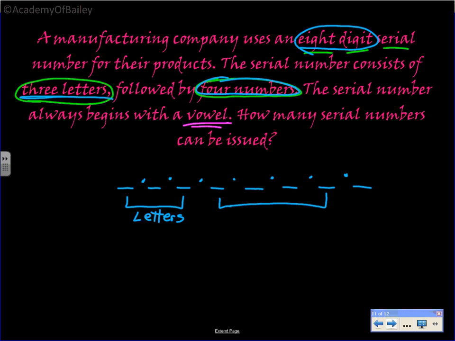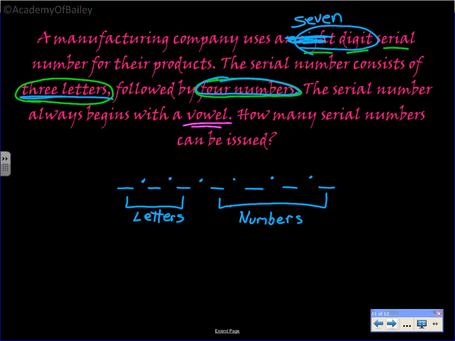So let's go ahead and change that to 7. It uses a 7-digit serial number. Okay, there we go. 7-digit serial number.